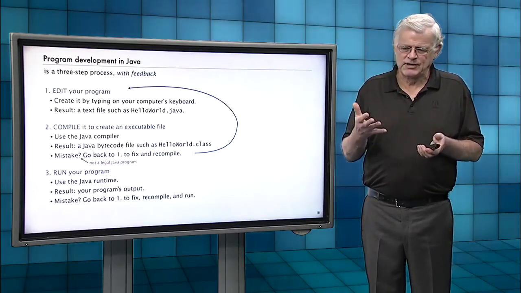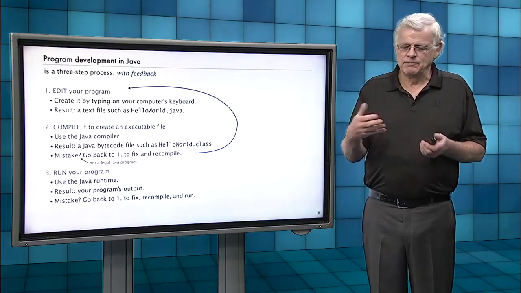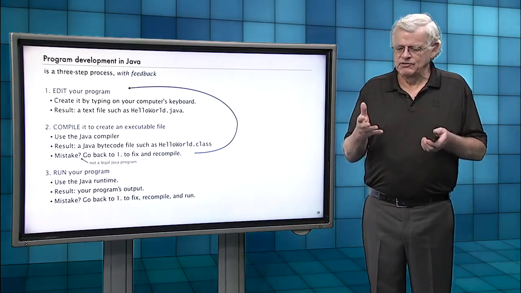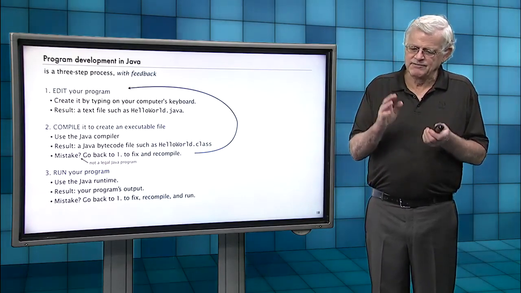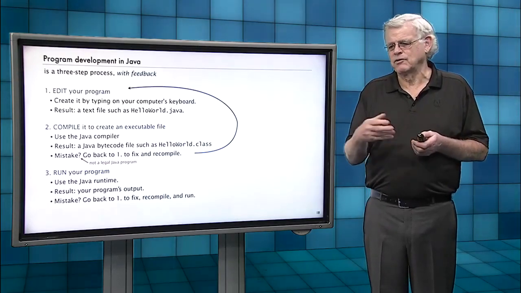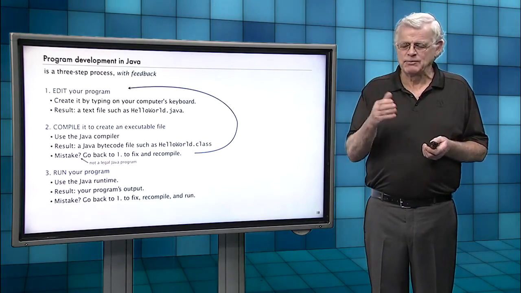That uses another part of the Java system called the Java runtime, that we invoke from the command line by just typing java and then the program name. The result is that it gives the bytecode to the Java virtual machine that's working on your computer, and the end result is your program's output.